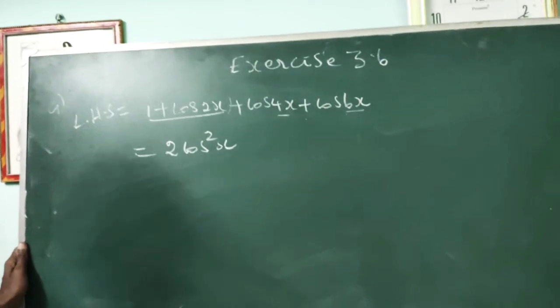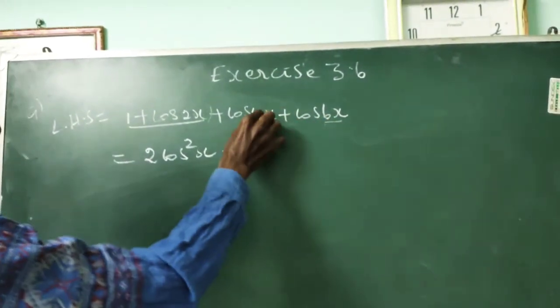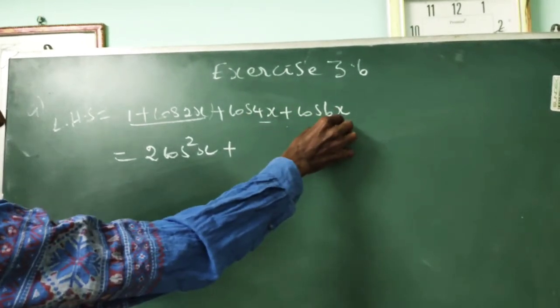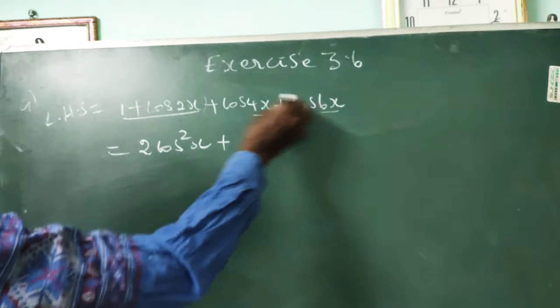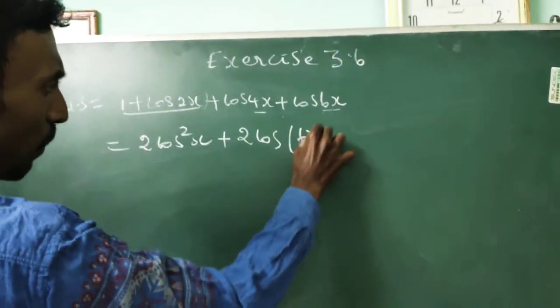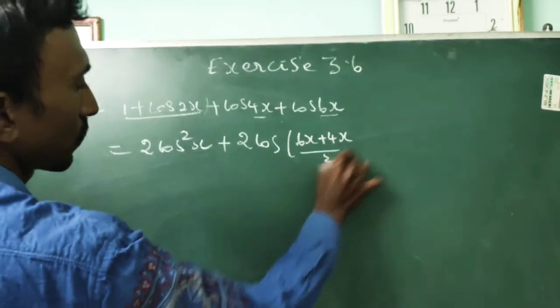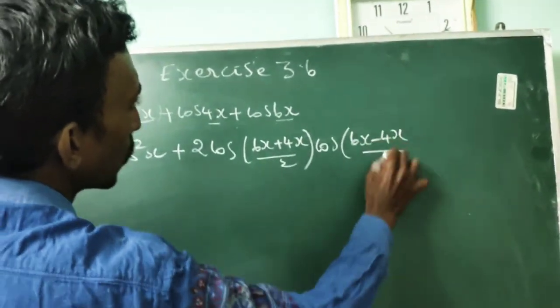Then take 6x as C and 4x as D. It is of the form cos C plus cos D. So it is 2 cos((C plus D)/2) cos((C minus D)/2).